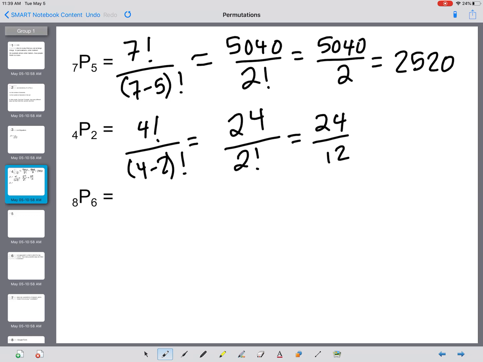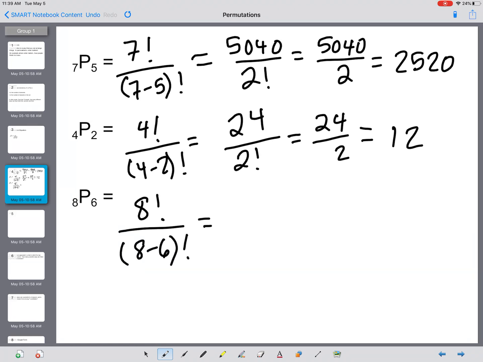The answer is 12. And then the last one, I've simply got 8 factorial over 8 minus 6 factorial. I did not realize that I gave you guys 2 factorial on the bottom of all these. You guys got pretty lucky.